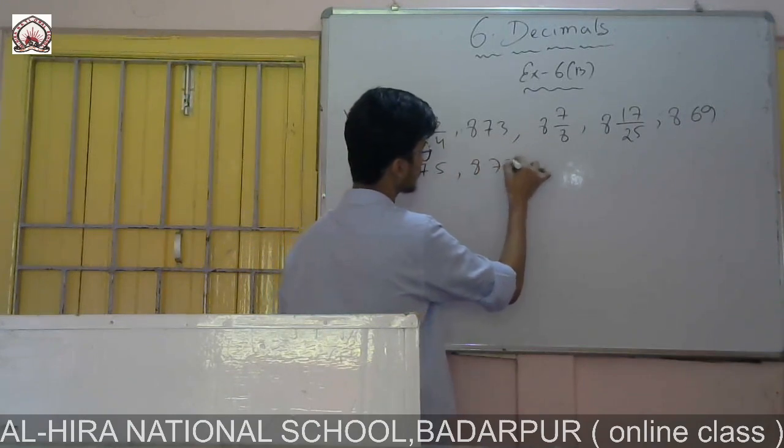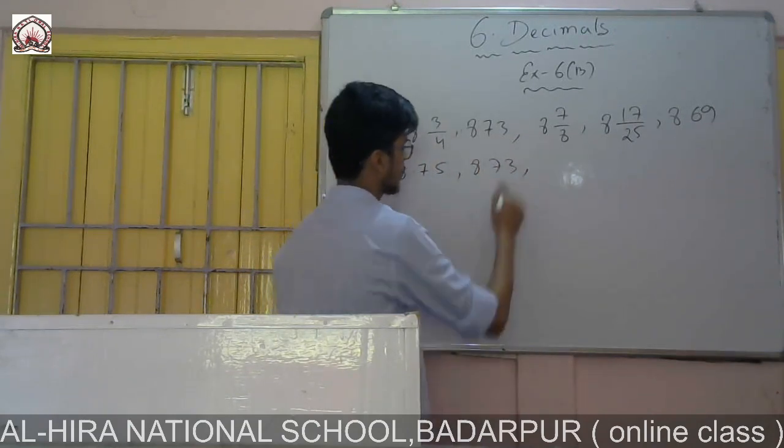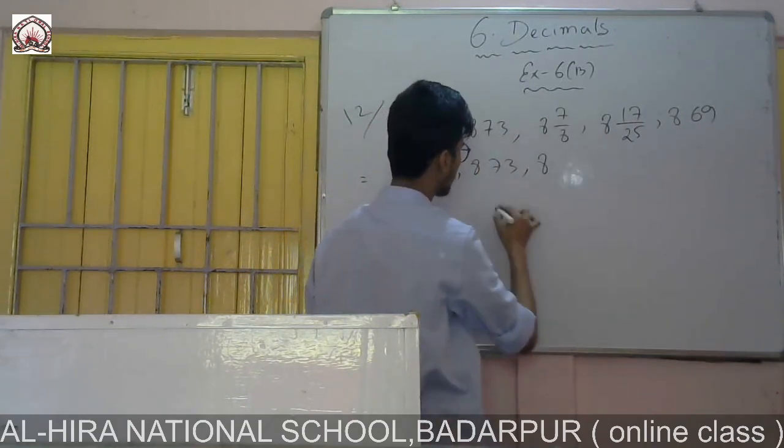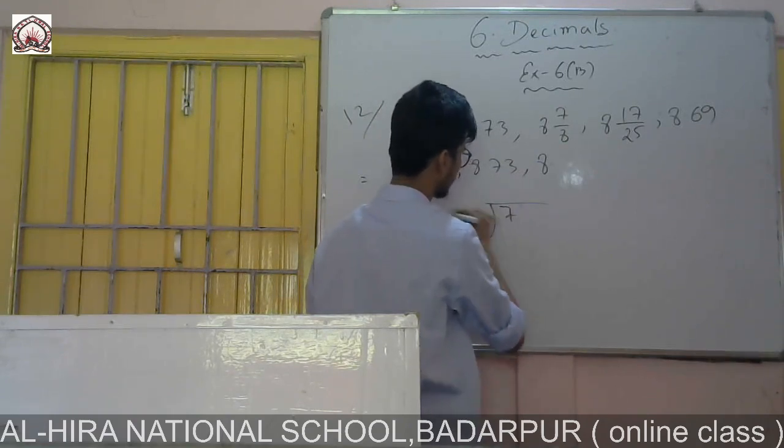Then 8.73. Then you see that one, after 8 this part will be decimal. So 7 by 8.